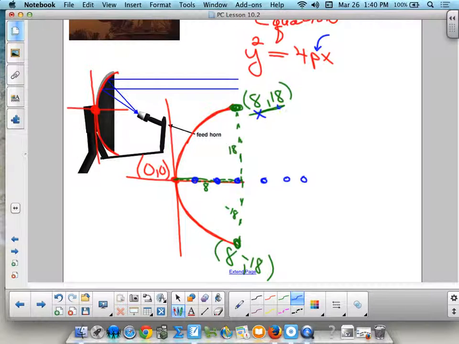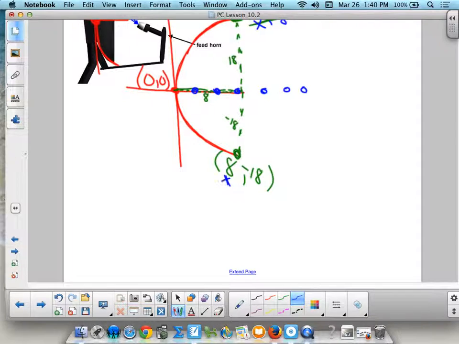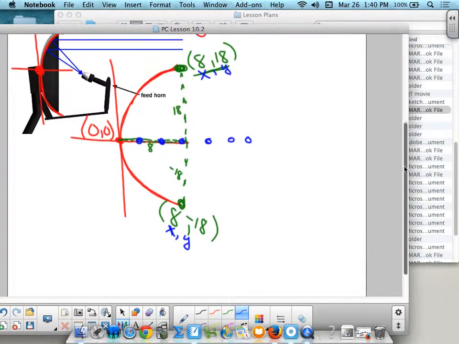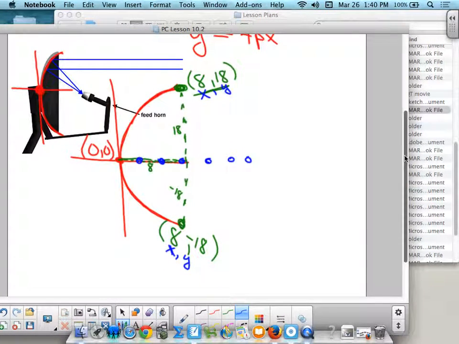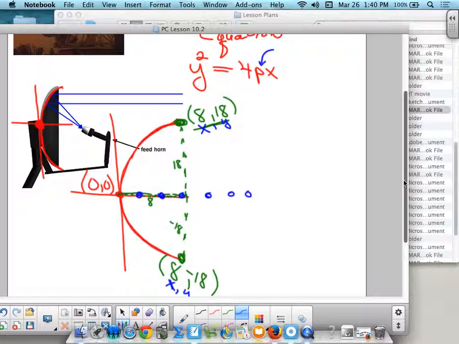I've got an x, y here and I've got an x, y here. But again, I wouldn't go with the bottom point because the bottom point has a negative. So here's me thinking, I'm going with that top point. So I'm going to put the 8 in for x and the 18 in for y. So go ahead, try to solve for p.